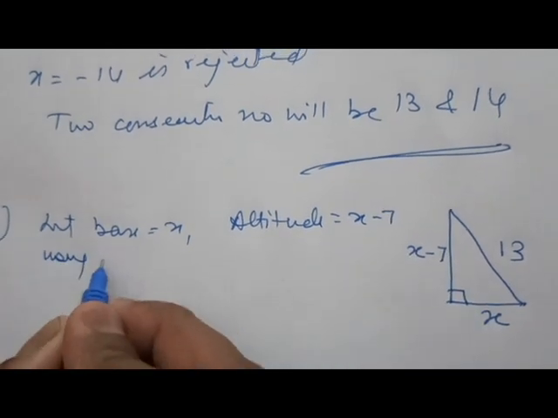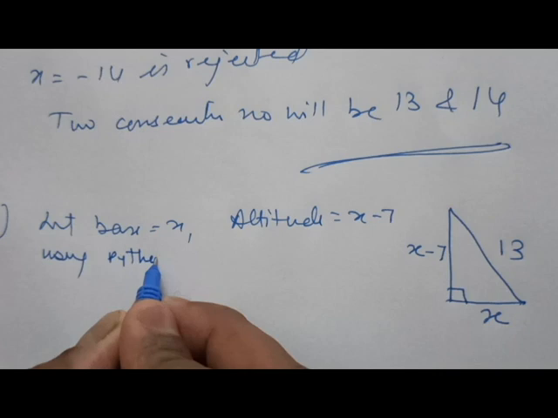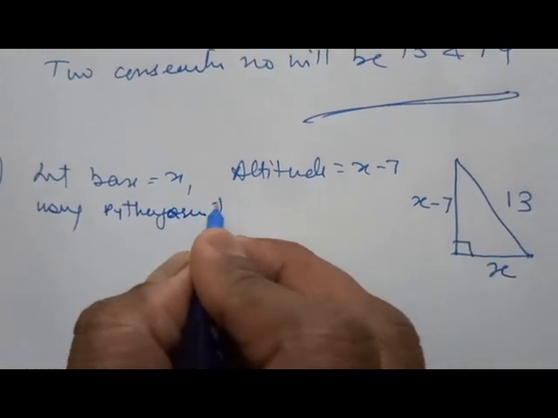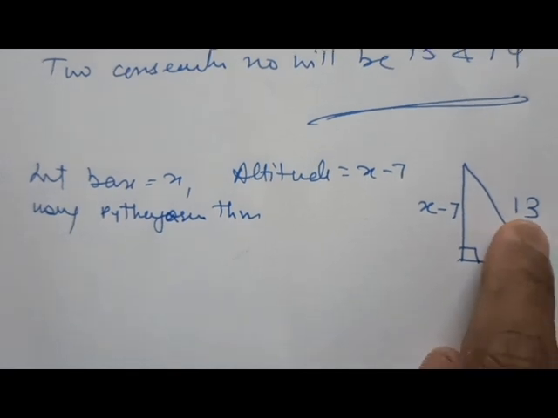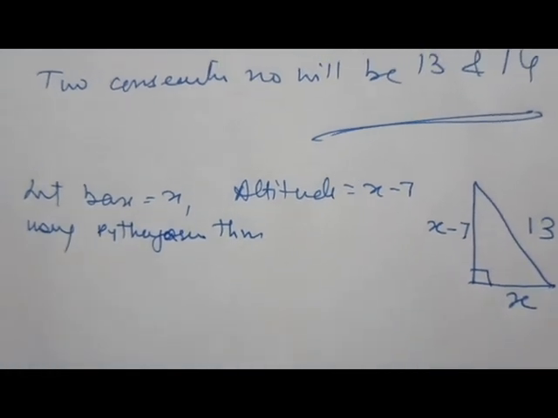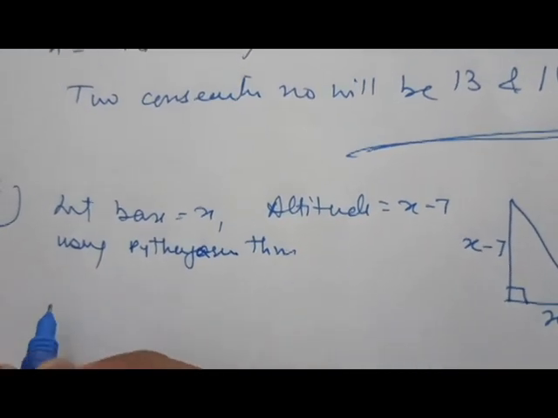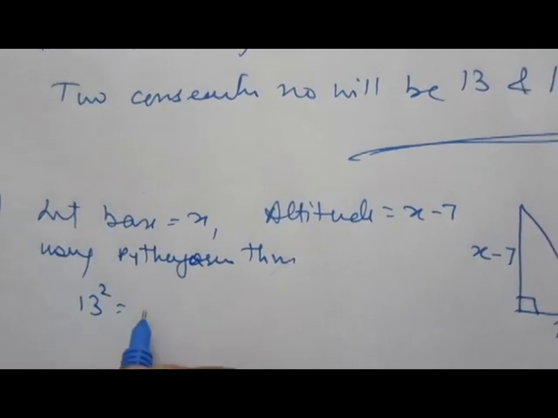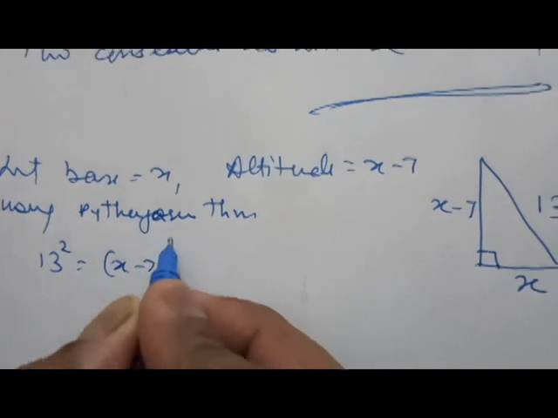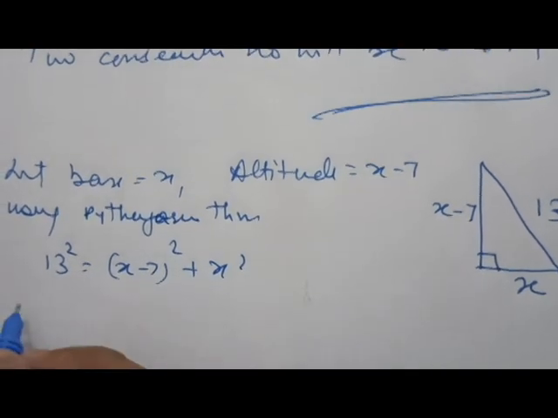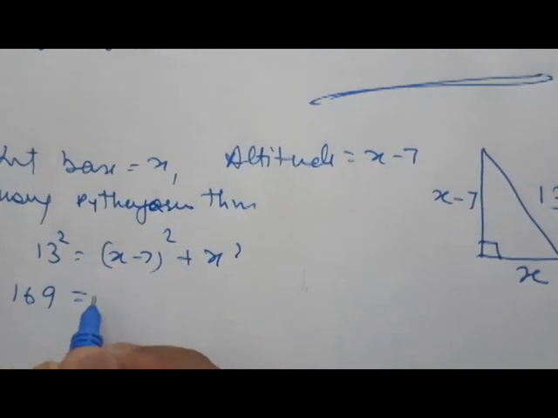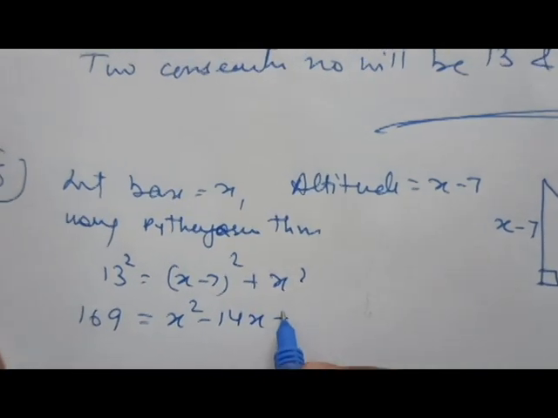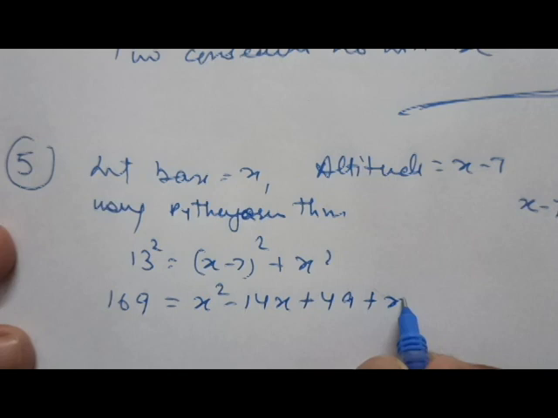Using Pythagoras theorem. You all know Pythagoras theorem, that hypotenuse square is equal to sum of the squares of the base and the perpendicular. So we get 13 square is equal to x minus 7 square plus x square. Open the bracket. 169 is equal to x square minus 14x plus 49 plus x square.